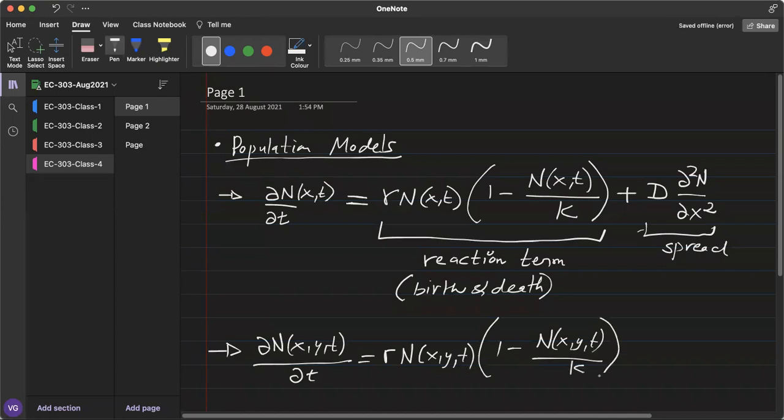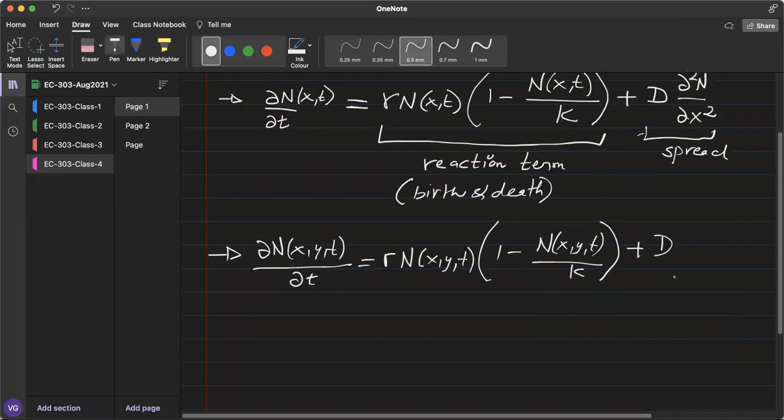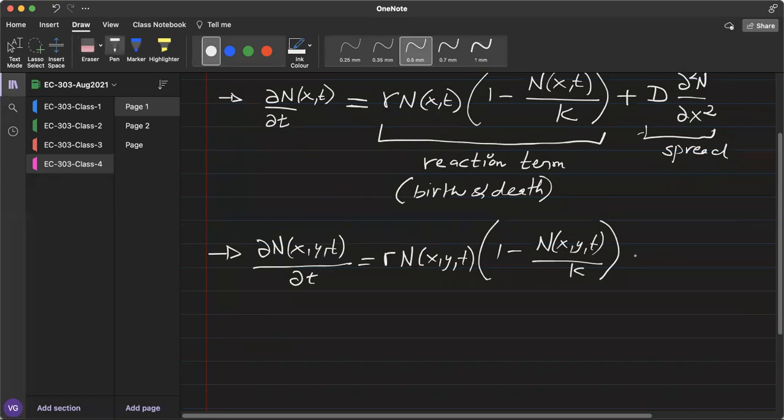You could generalize this to any dimension. Of course, the diffusion term will now have 2 terms. So I'll write that below here: plus diffusion in the x-axis, plus diffusion in the y-axis.